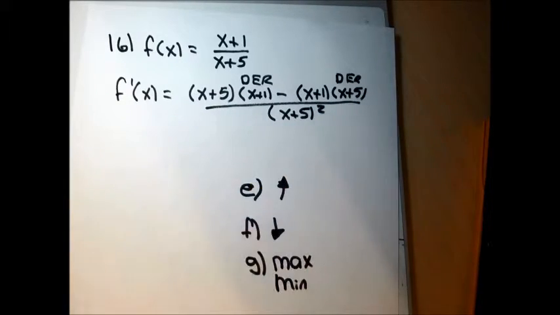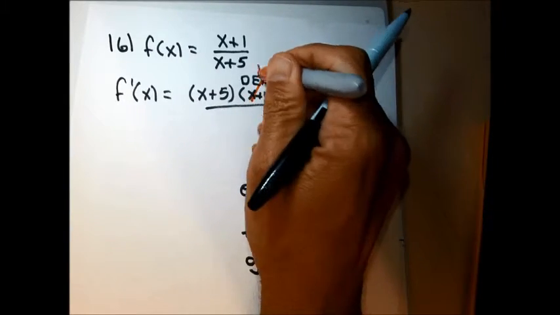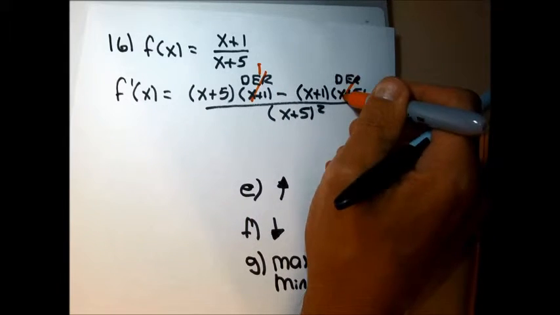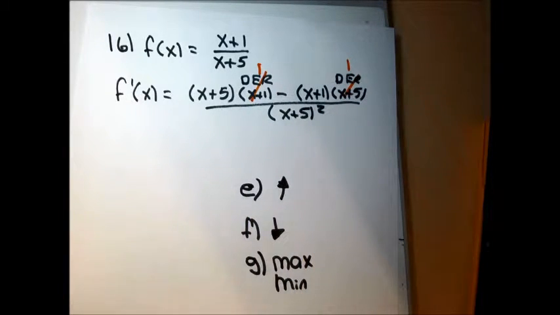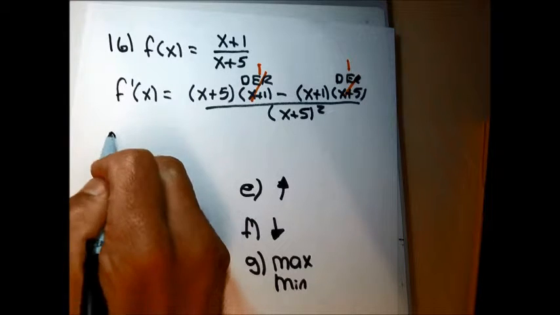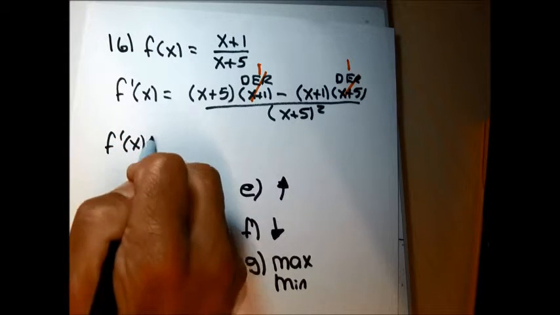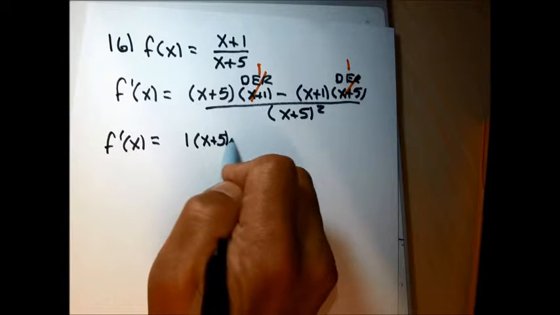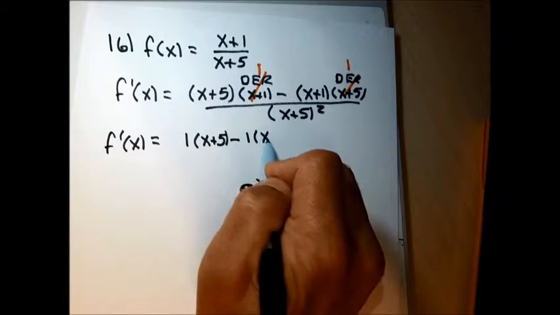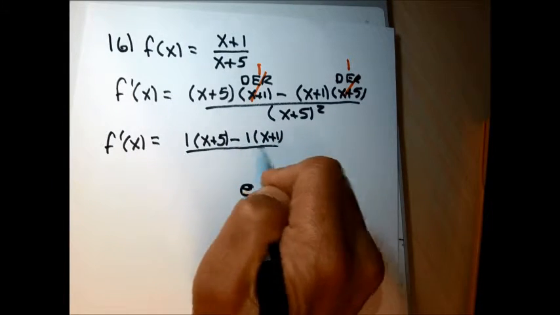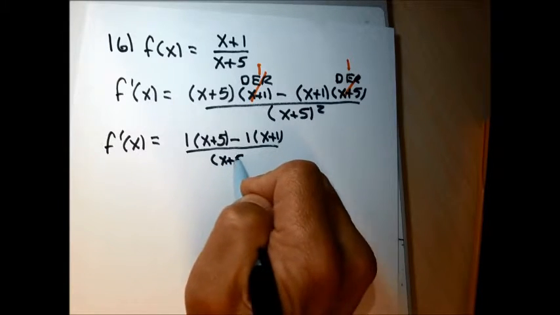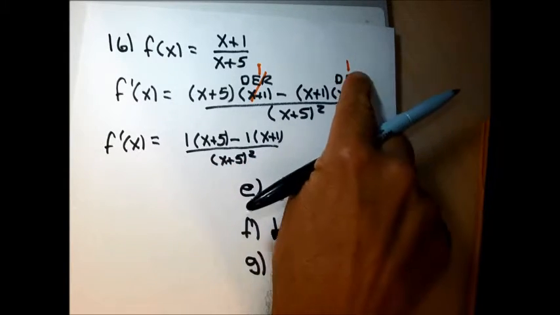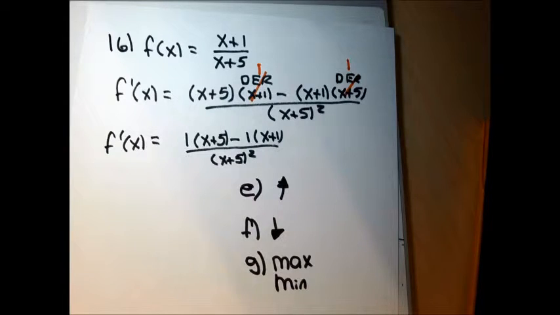The derivative of x plus 1 is just 1. The derivative of x plus 5 is just 1. So I can rewrite this as f prime of x equals 1 times x plus 5 minus 1 times x plus 1 all over x plus 5 squared, just by putting the derivatives to the left of the parentheses.